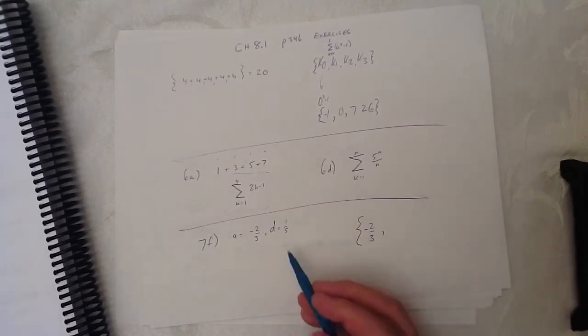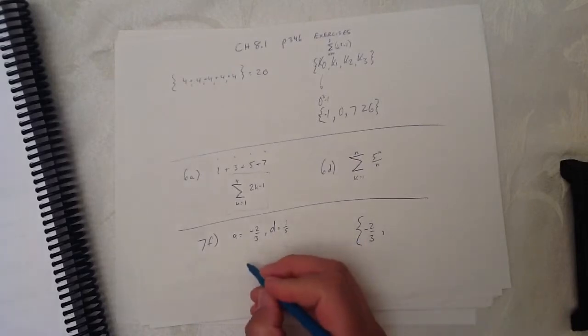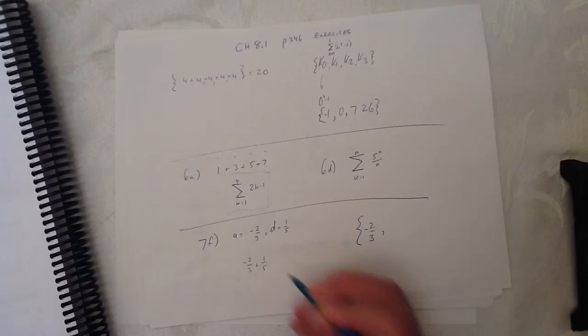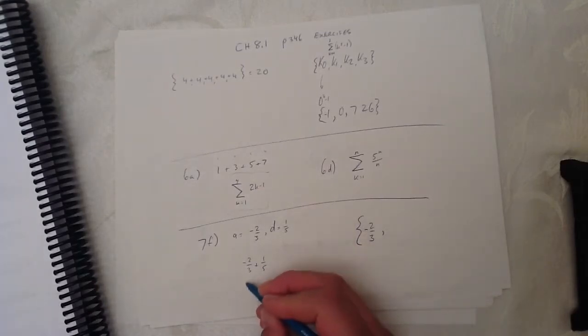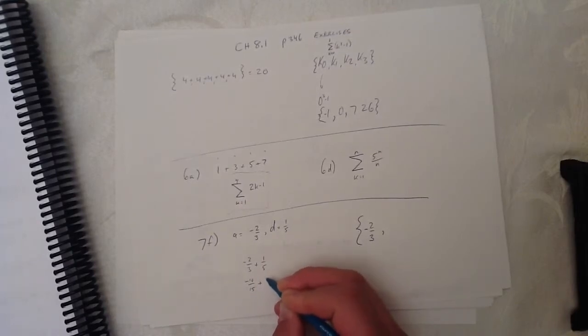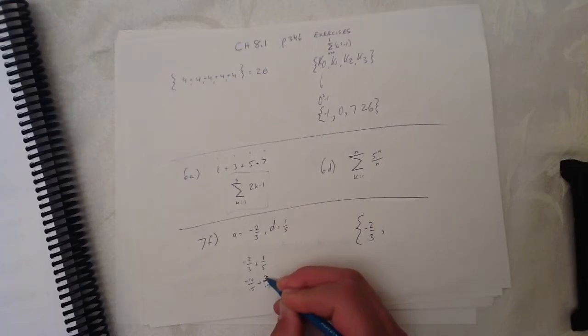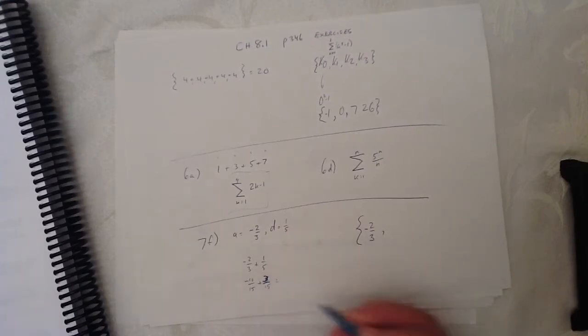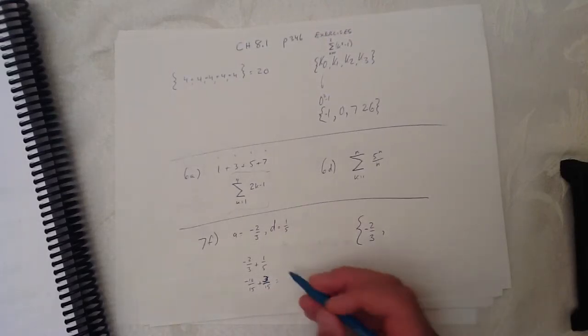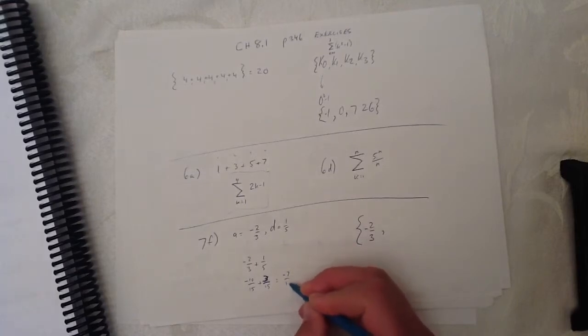The next term will be 1/5 higher, so I have to go -2/3 plus 1/5. It's kind of difficult. And that's the same as -10/15 plus 3/15, which equals -7/15.